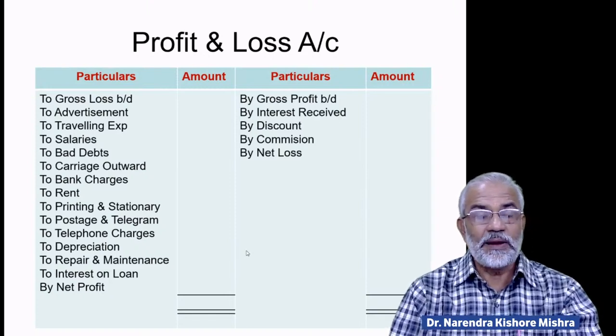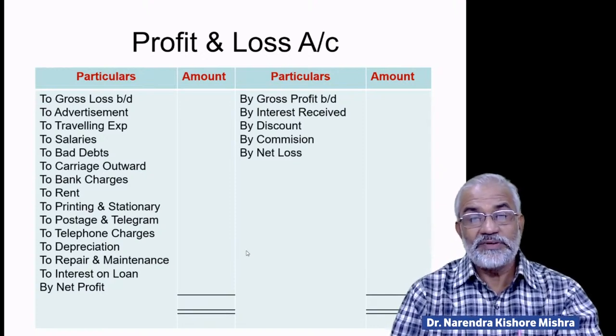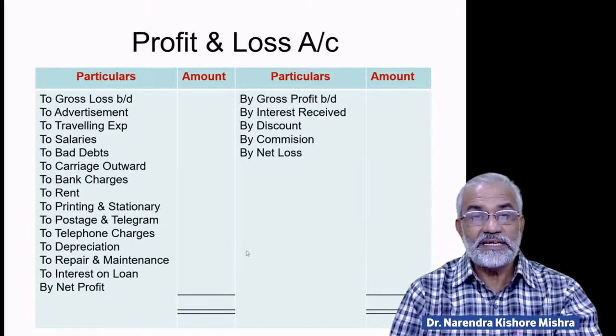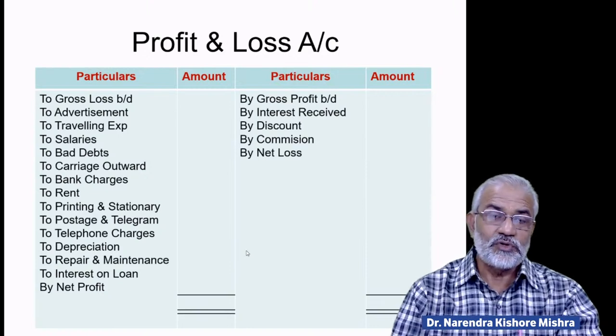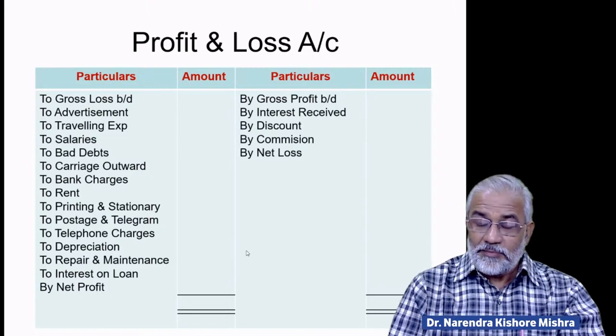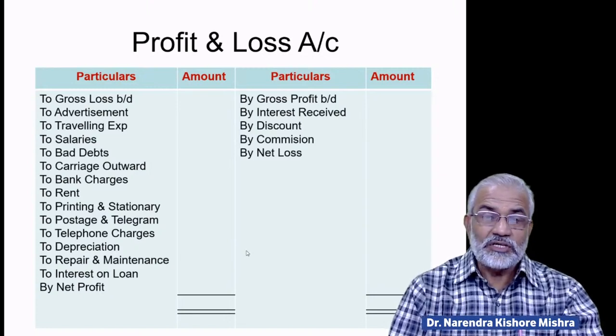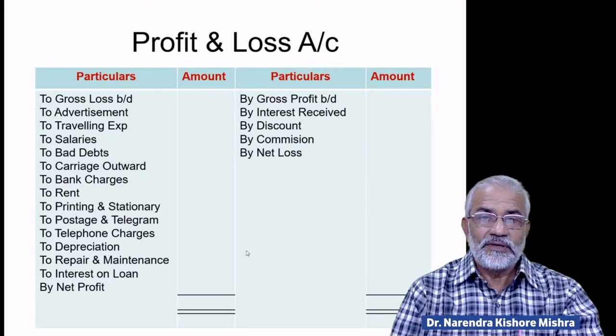So on that principle, if we transfer the gross profit from the trading account to the profit and loss account, profit will obviously go to the credit side of the profit and loss account. And if there is gross loss, then it will appear on the debit side of the profit and loss account.